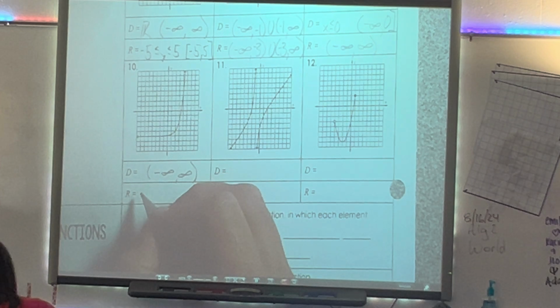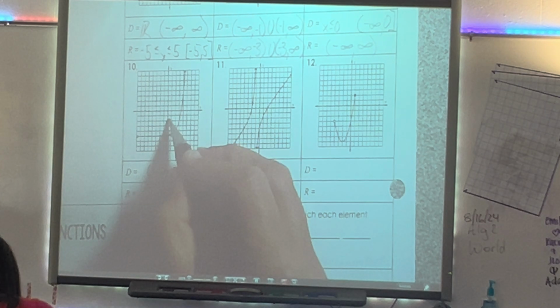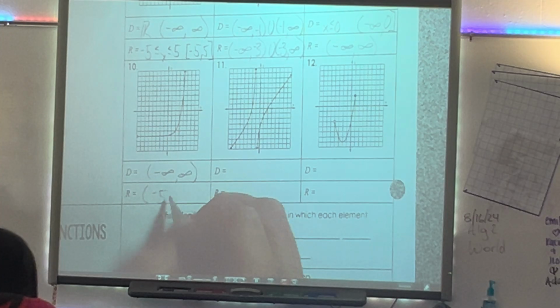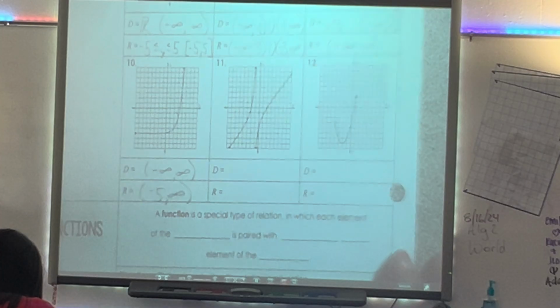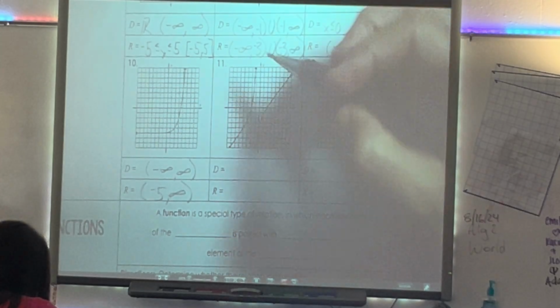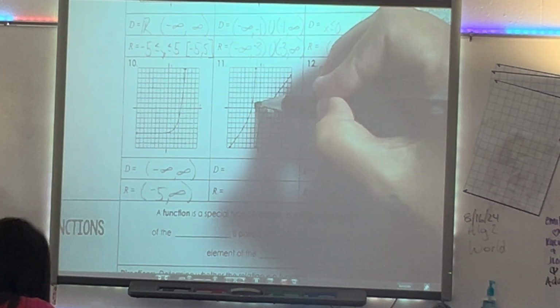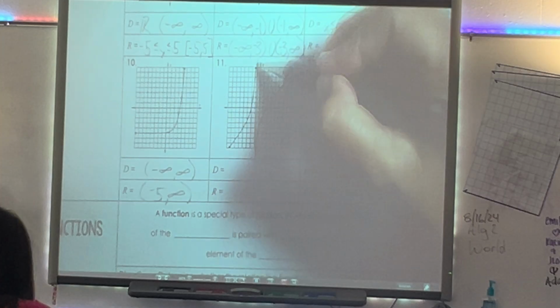And range, negative, is that -5? -5 to infinity. Alright, here, can y'all see that there's an asymptote right here? Y'all see that?